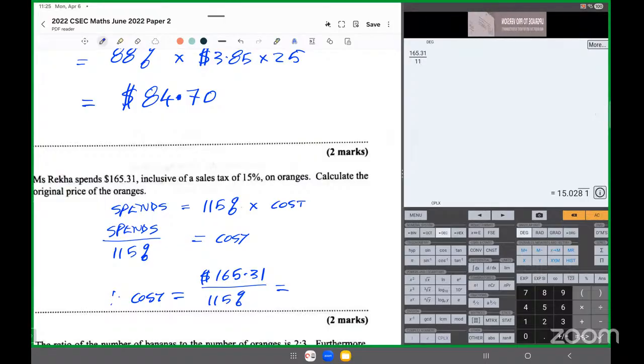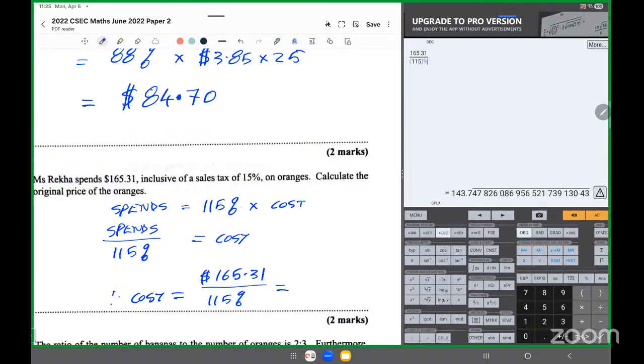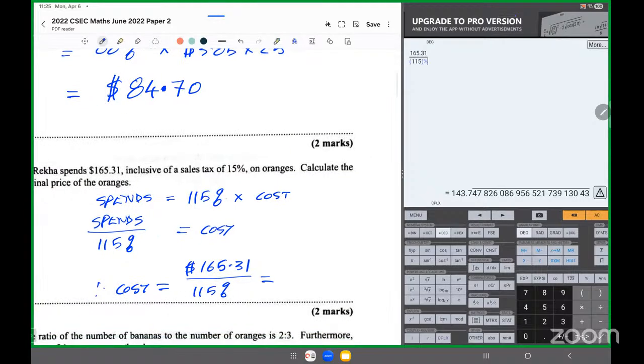But you can also put 115% on the calculator. So the cost would be $143.75.